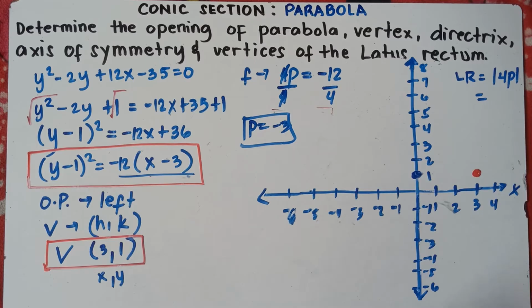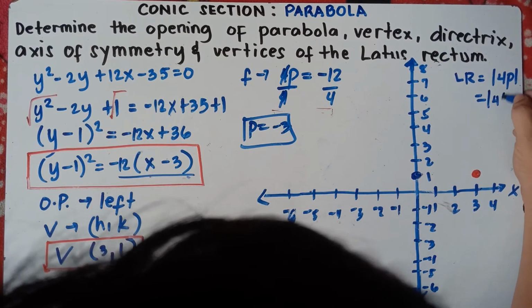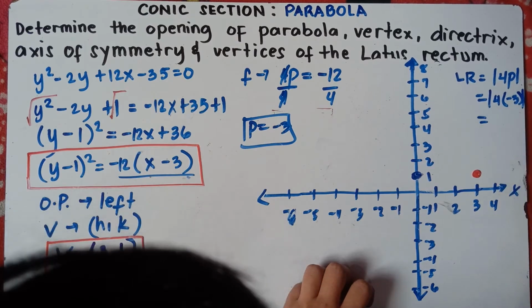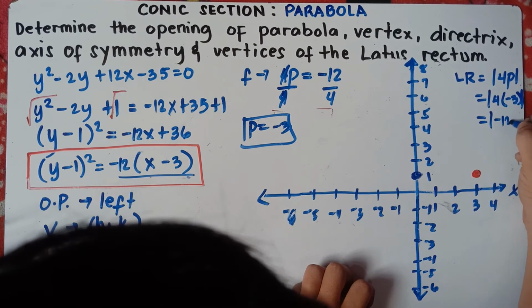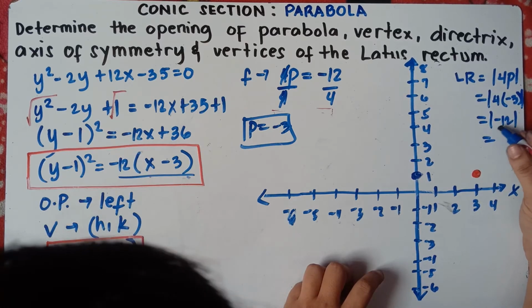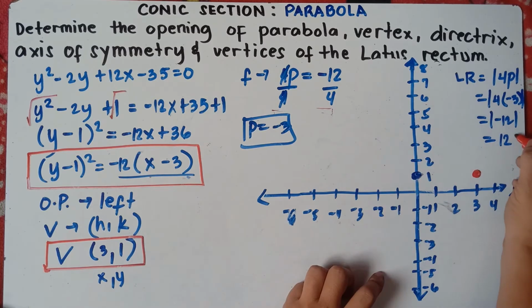So we have 4 times our p, which is negative 3. The absolute value of 4 times negative 3, that's negative 12, and the absolute value of a number is always positive. So the absolute value of negative 12 is positive 12. So this will be our latus rectum.